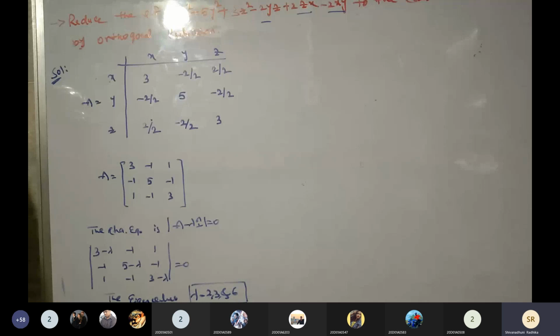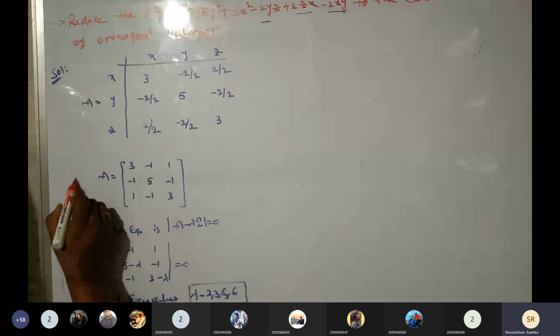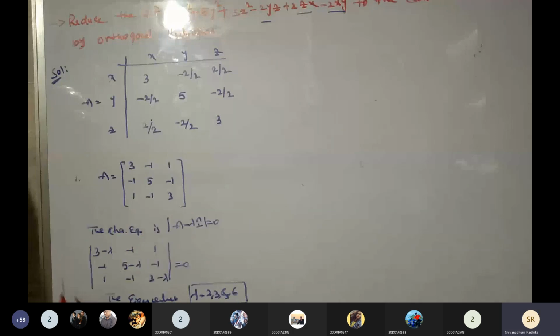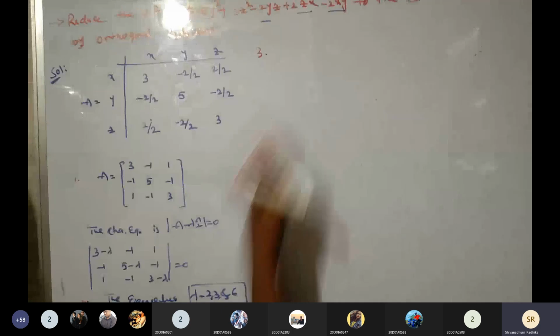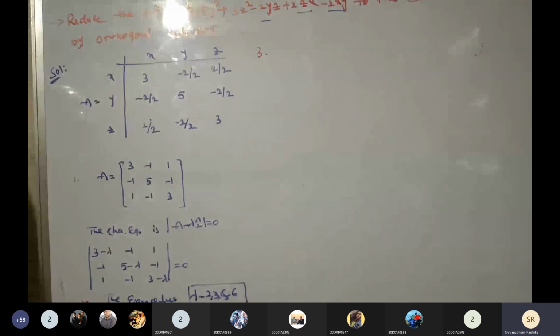Then go for step 3. What is step 3? Finding the eigenvectors. So this is step 1 and here is step 2. Then we go for step 3, finding the eigenvectors.